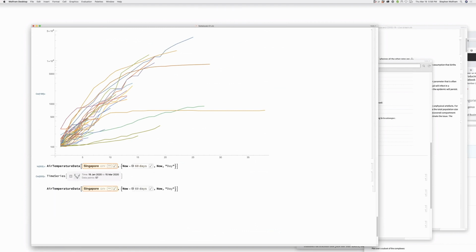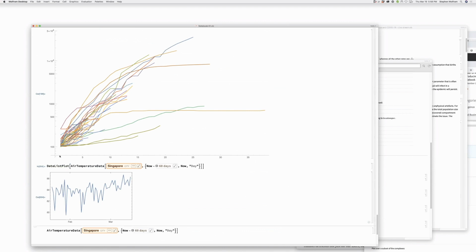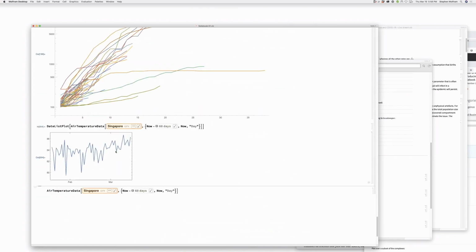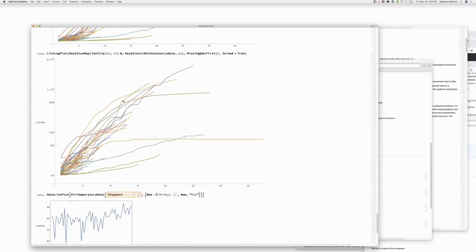So let's say date list plot of that. I think you want to say the mean of that. You want the mean temperature over that period for the different places, and you want to plot that against the slopes of the logs of these things. I know. So what we need is for each country here, we should take, let's just take the capital city just for simplicity.